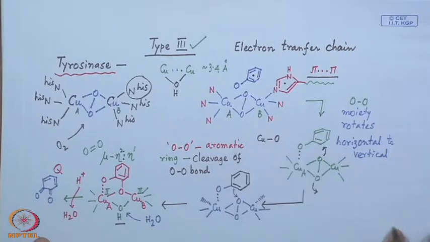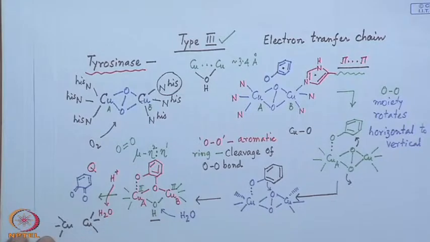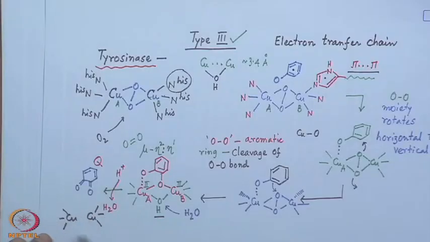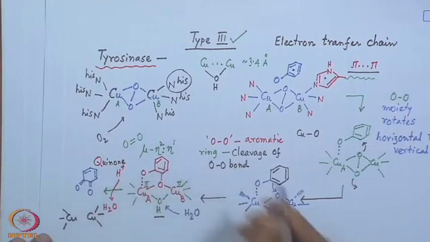So, this deoxy form of these copper centers will be released as one copper and another copper without any bound dioxygen unit over there. So, you get this particular deoxy form and your quinone product. So, the quinone product is liberated or released.